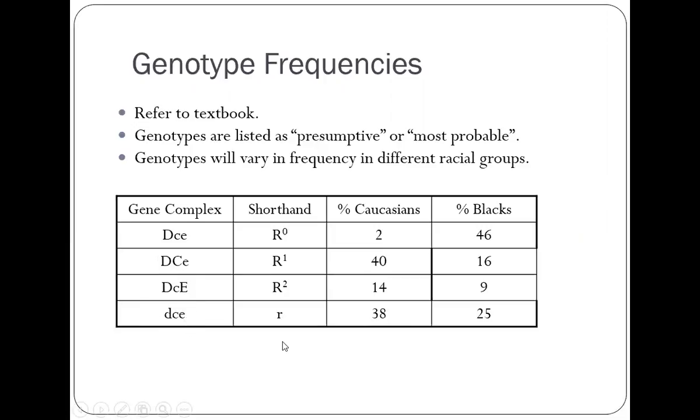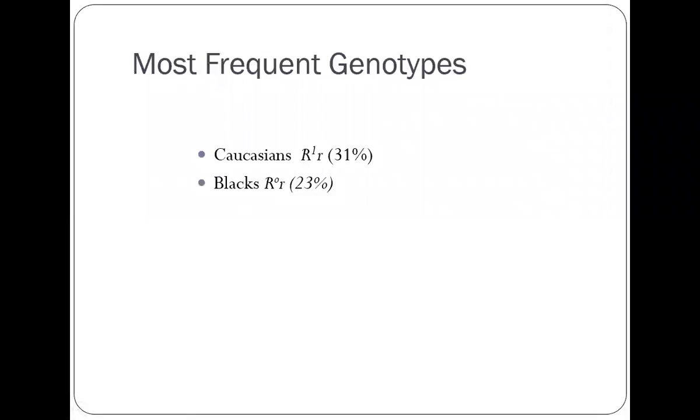That's usually the most common in Caucasians, whereas with Blacks, we're looking at R superscript 0, and then the next most common is little r. So the most frequent genotypes in Caucasians is R1, little r, and in Blacks, it's R0, little r.